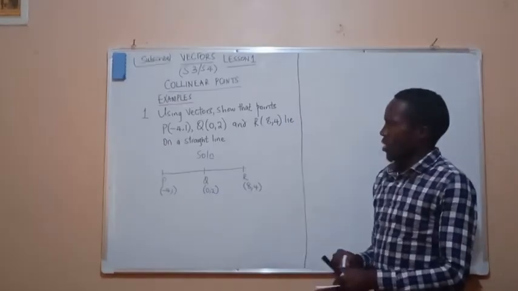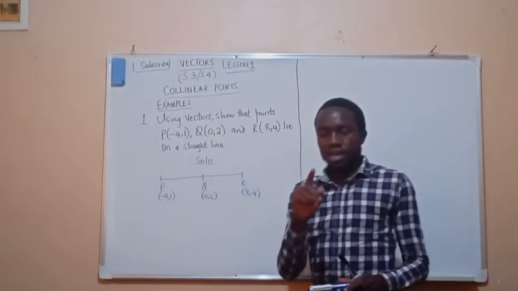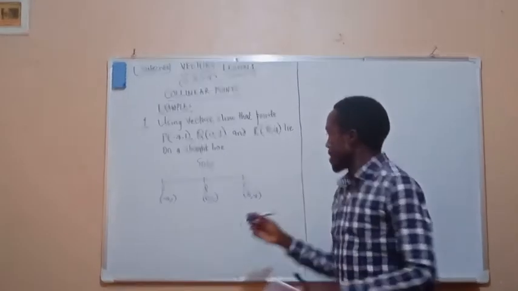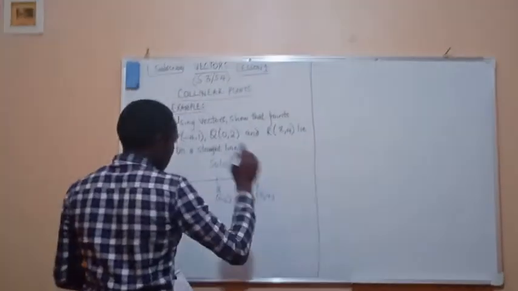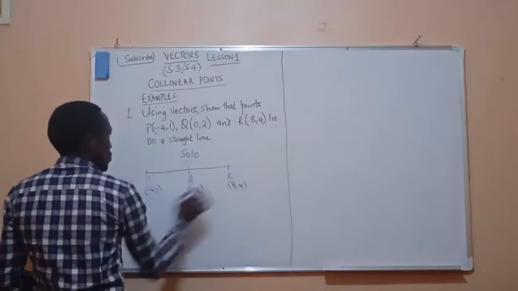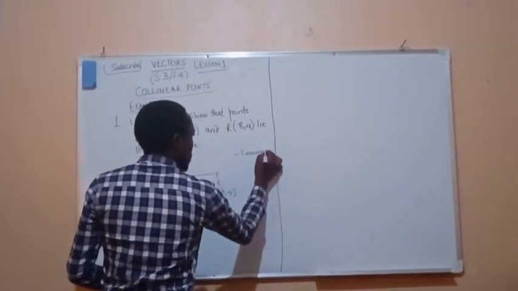Now, I need to tell you the conditions that make points appear to be in a straight line. For points to be in a straight line, the conditions you have to test for: first, we need to show that there exists a common point.